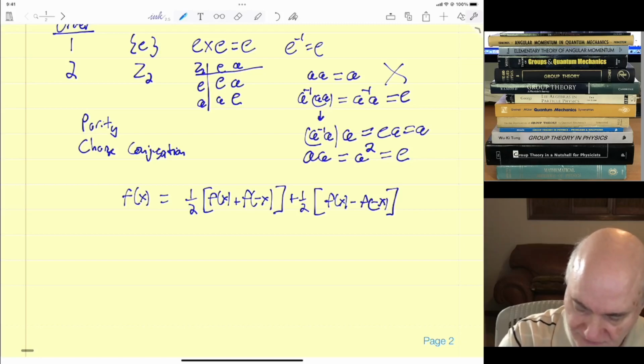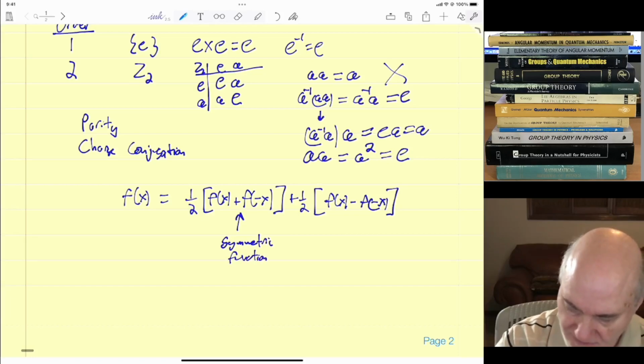Now it's easy to see that this is a symmetric function, and this is an anti-symmetric function.